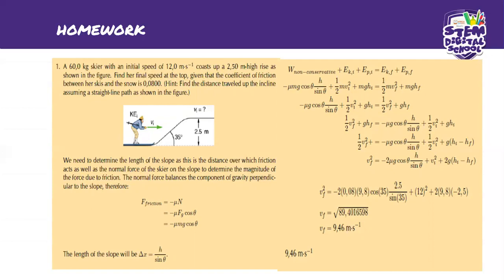So make sure you know how to do these problems. But before we do that, you need to determine the length of the slope as the distance over which friction acts, as well as the normal force of the skier on the slope, to determine the magnitude of the force due to friction. The normal force balances the component of gravity perpendicular to the slope. I'm not going to do this problem with you.